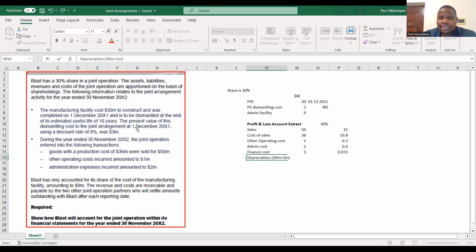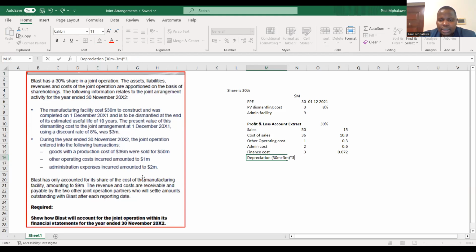Then we need to find the share, that is times 30%, divided by 10. That 10 represents 10 years.